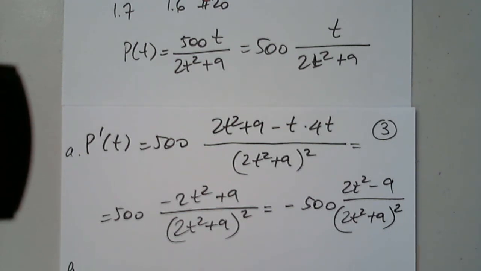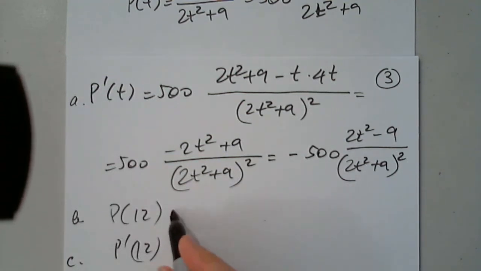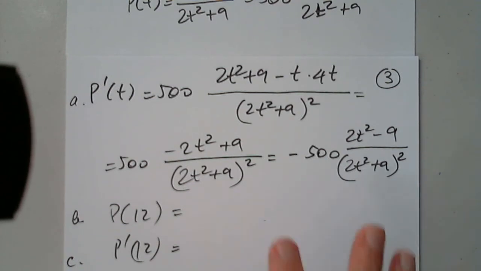No, I'm trying to open it. Okay, it's the same problem we did in class. It's asking you to find the population after 12 years and the rate of change after 12 years. That's all we need to do. We did a very similar problem in class.